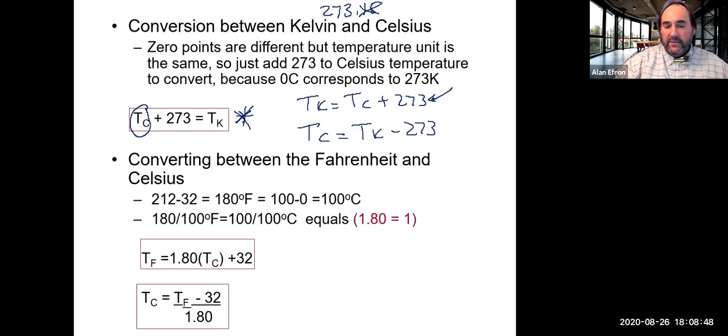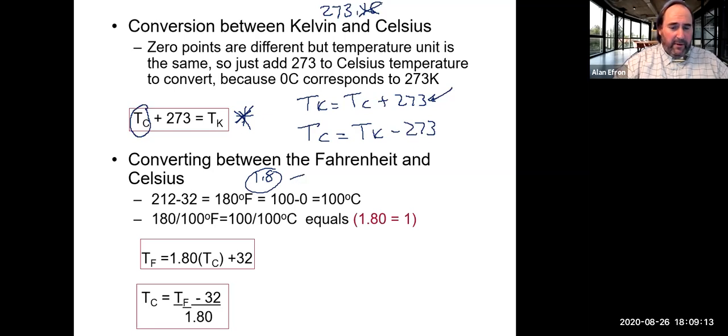Going from Celsius to Fahrenheit, the temperature in Fahrenheit equals 1.8 times the temperature in Celsius plus 32. And to get to Celsius from Fahrenheit, you bring the 32 to the other side and divide by 1.8. That is the temperature in Fahrenheit minus 32, divided by 1.8. That 1.8 number comes from the difference between freezing and boiling points on those scales.